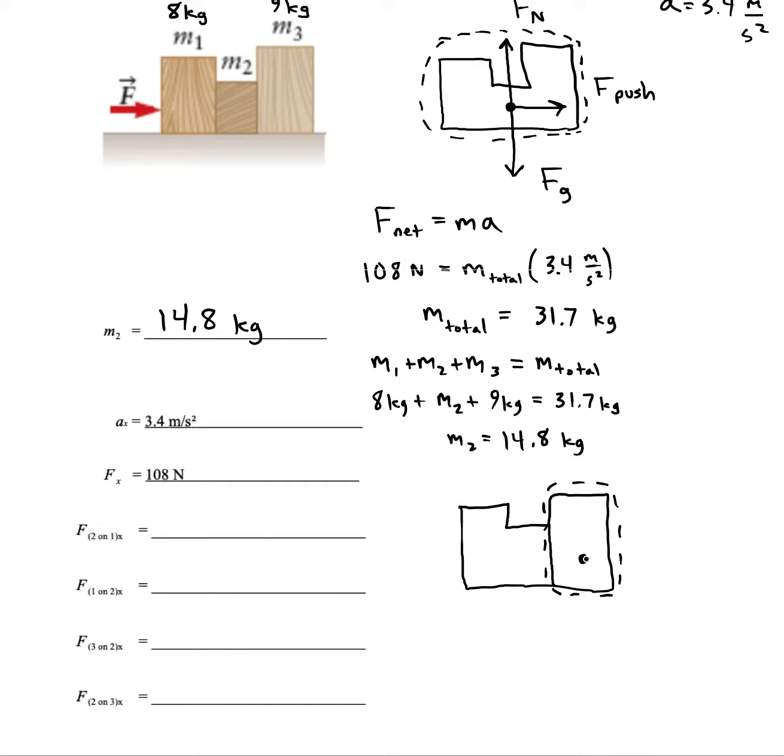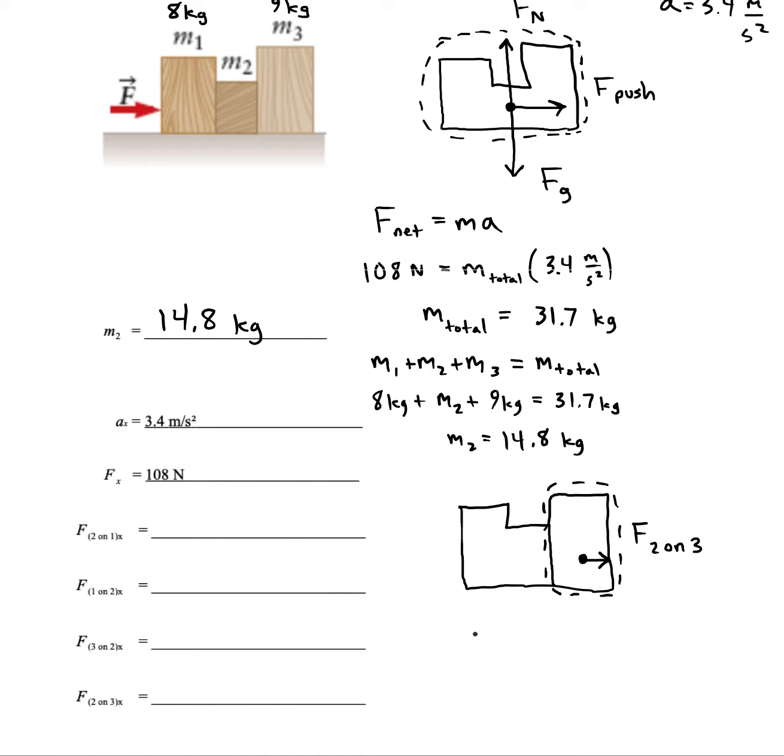What I really care about is the fact that there is a force on this block, pushing it to the right. And it has a name. It would be F of 2 on 3. Now that's going to be the only net force on that block, because there's no friction involved, they said, in this problem.